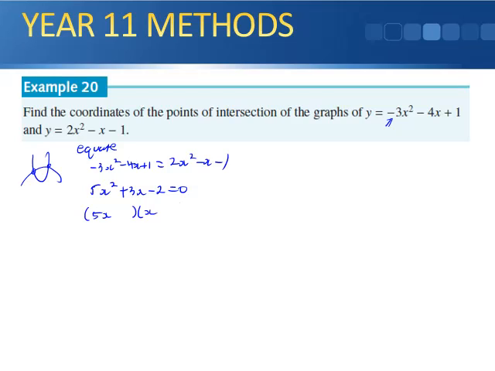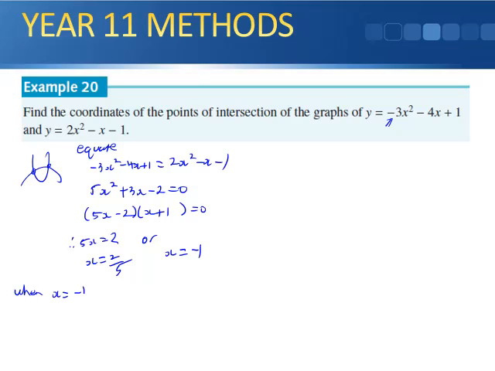Hopefully this factorizes. I'll have minus 2 in here, plus 1, that gives me plus 5, minus 2 gives me plus 3, there we go. Therefore 5x equals 2, x equals 2/5, or x equals negative 1.